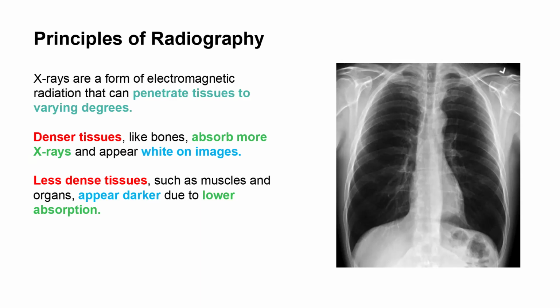So these are the basic principles of radiography. The X-ray is a form of electromagnetic radiation that penetrates body tissues to varying degrees to take the image of inside the body. For those tissues or organs that are denser, their image will appear white, and those that are less dense, their image will appear darker.